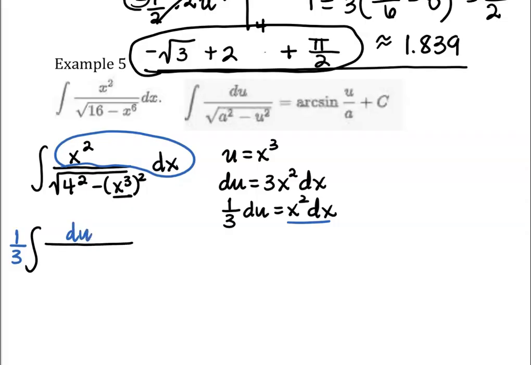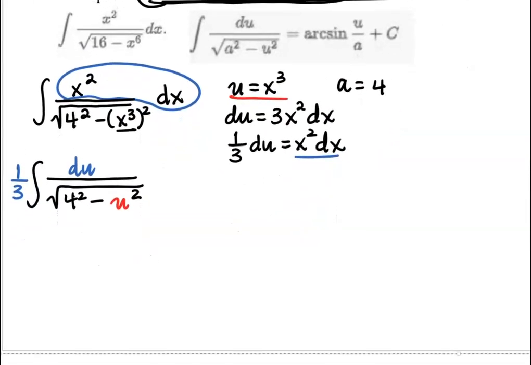Now in the denominator, we still have that 4 squared right there, but then we are subtracting not just x cubed squared, but that is u. So we are subtracting u squared. And clearly a is 4, since that was a 16 and that is 4 squared. So now I can actually apply this rule.